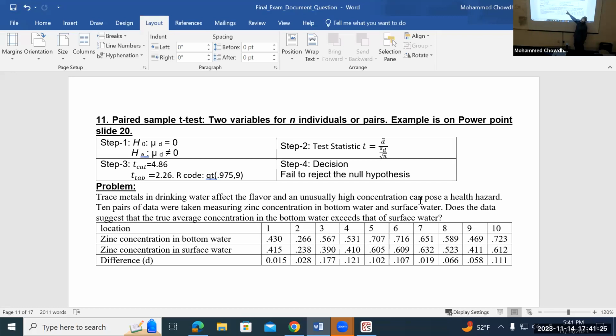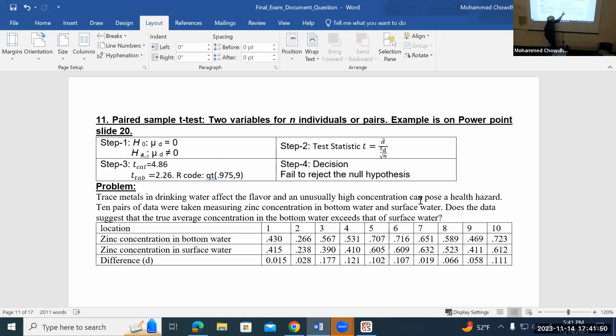Are you seeing the word exceeds? So that is why you can put your greater than, okay? Exceeds means, I put here not equal to, but you can also put greater than. Understand, right? Then it will be one-sided.